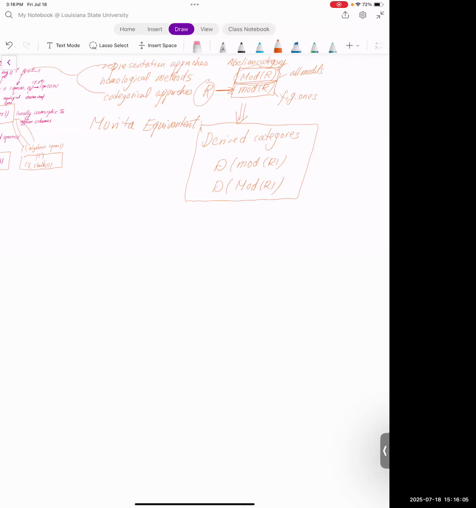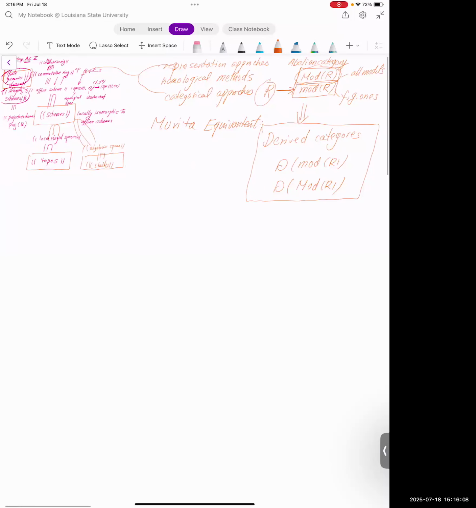For commutative rings only, if you have a Morita equivalence between these two categories, then R has to be isomorphic to S.